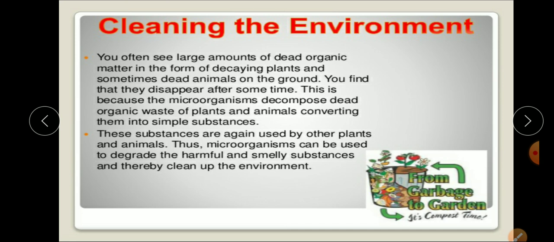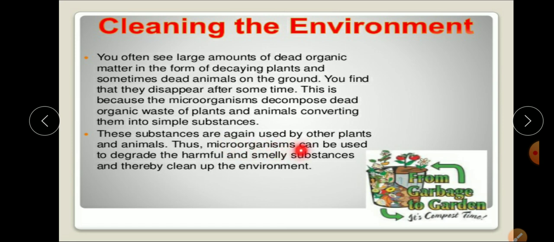Understood? So a large amount of dead organic matter or waste in the form of decaying plants and sometimes dead animals on the ground, they convert into simple substances. What do they do? They convert them into simple substances. So these substances are again used by other plants and animals.